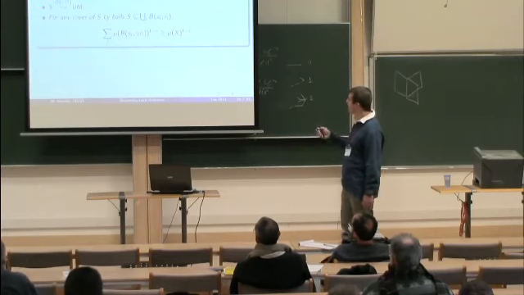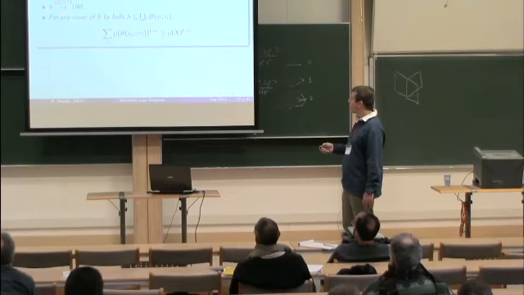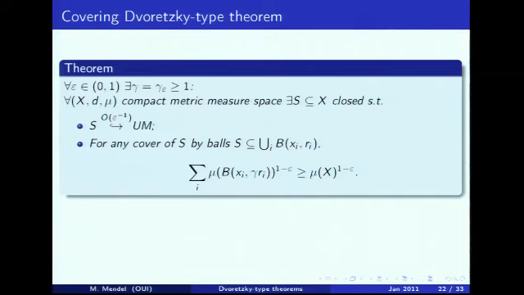Large in what sense? In the following sense. For every cover of this subset with balls of radii r_i, if you take these balls, inflate their radii by a factor of gamma, take the measure of the inflated balls to the power of 1 minus epsilon, and sum it up, you get something which is at least the measure of the whole space to the power of 1 minus epsilon.